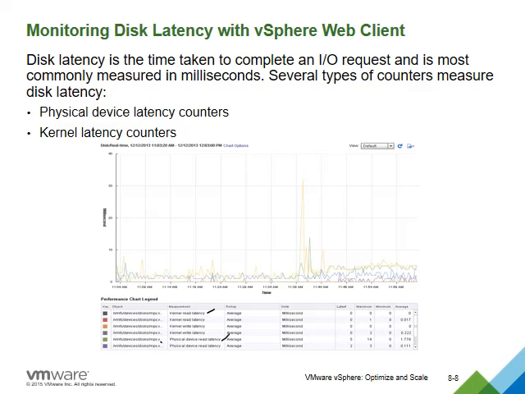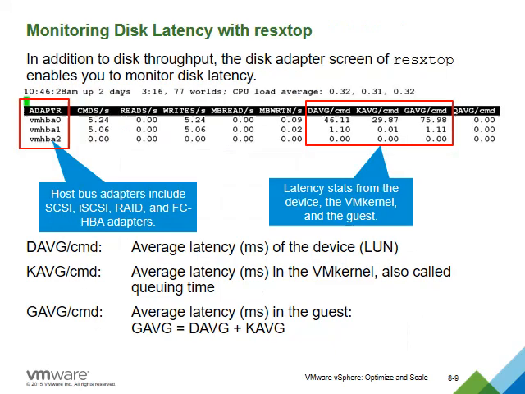And there's the device of the disk that we're using. And here's what it looks like when we use ESXTOP to monitor latency. We have our average latencies right here.